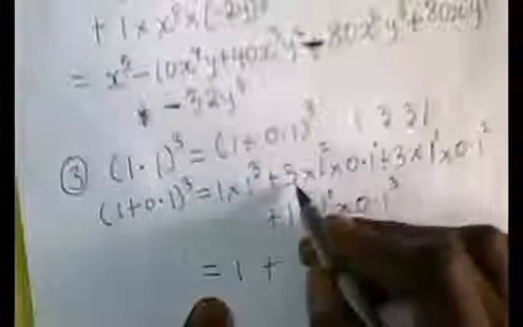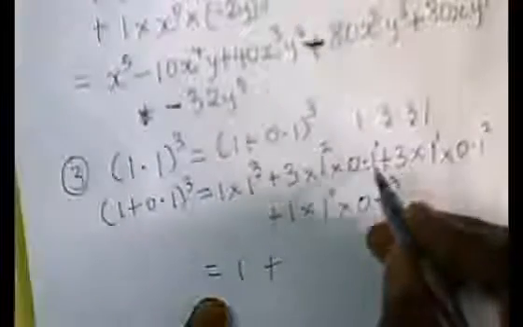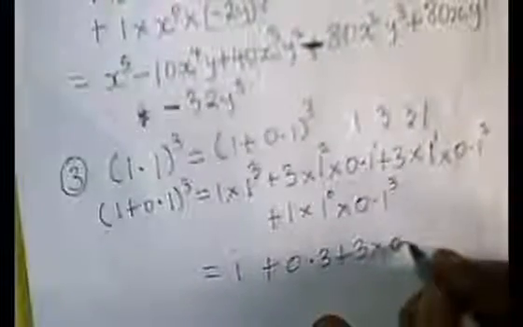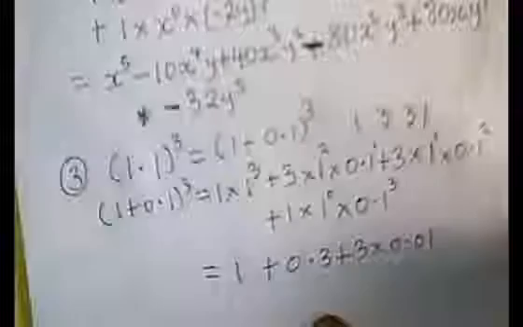So finally, we are going to arrive at 1 cubed is 1 times 1, we have 1, plus 1 squared is 1 times 3 is 3. 3 times 0.1 will give us 0.3. Then plus, here we are having 3 multiplied, because 3 times 1 is 3, multiplied by 0.1 squared will give us 0.01.